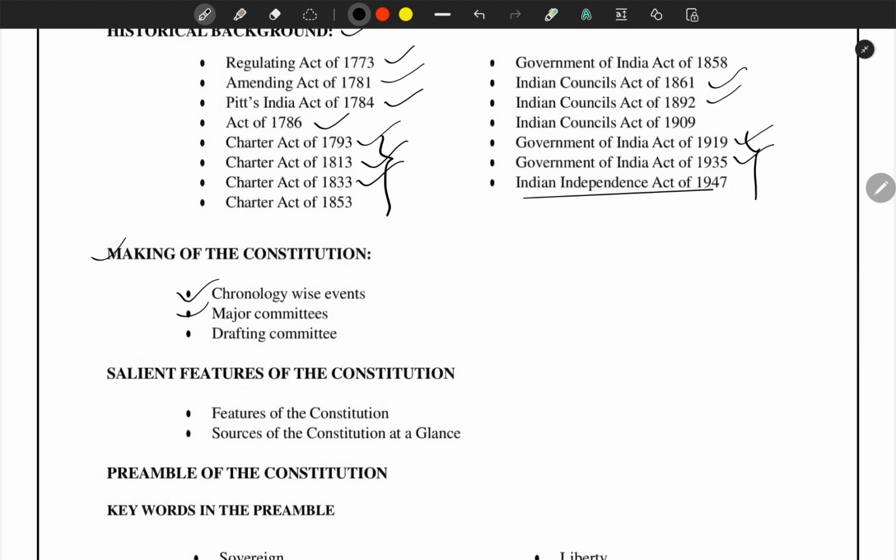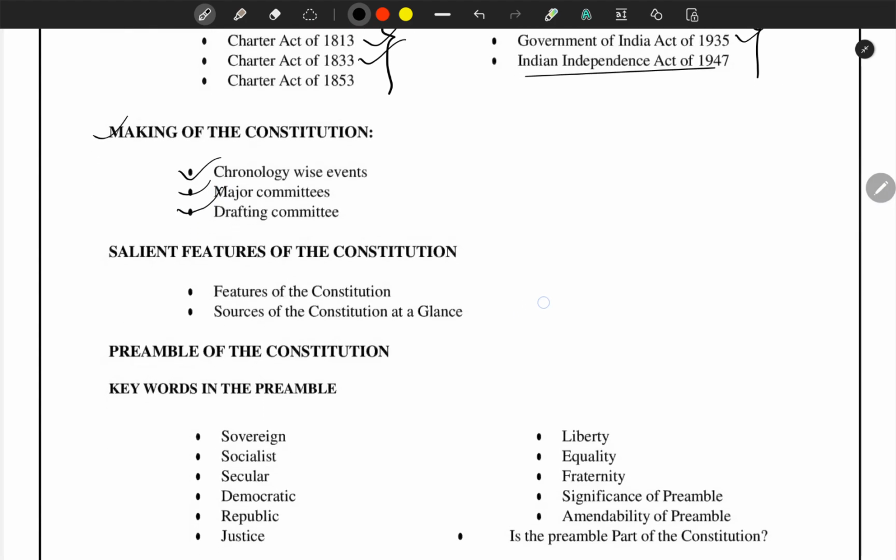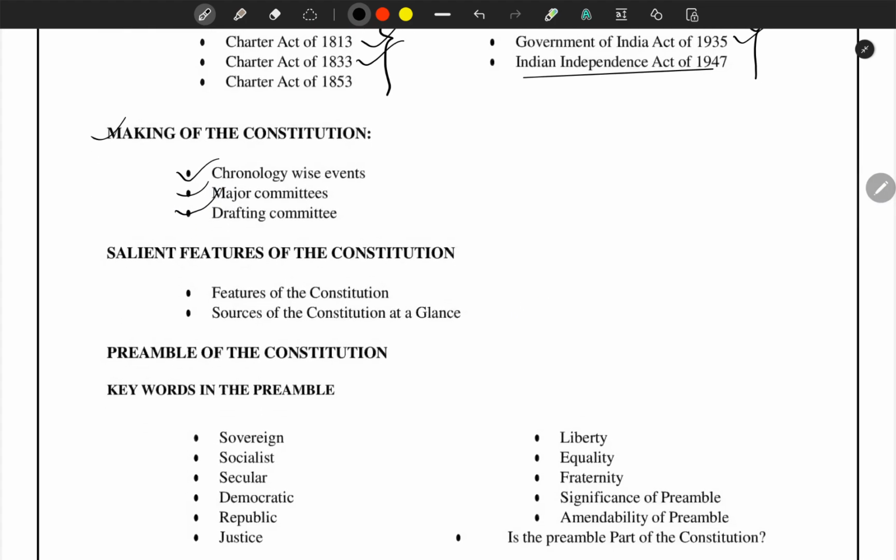Then we will be dealing with the drafting committee. After that we will be reading about the features of our constitution, which are basically a lot of types, so we will be dealing with that also.